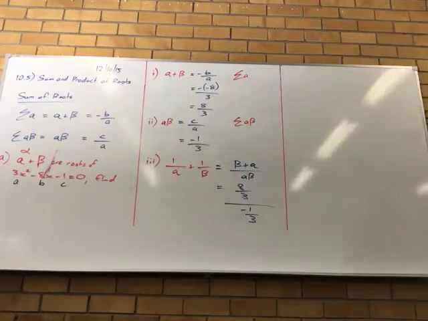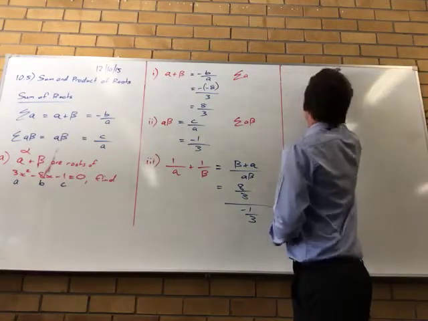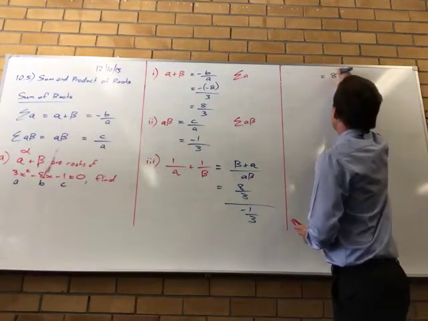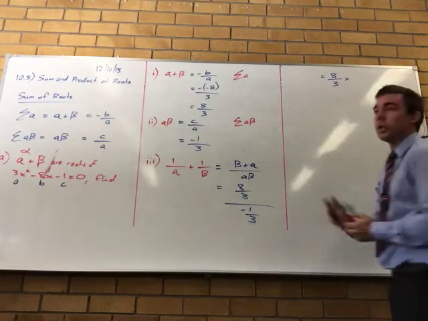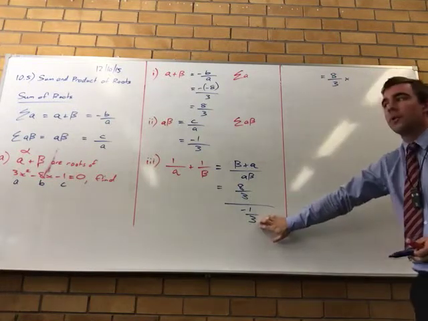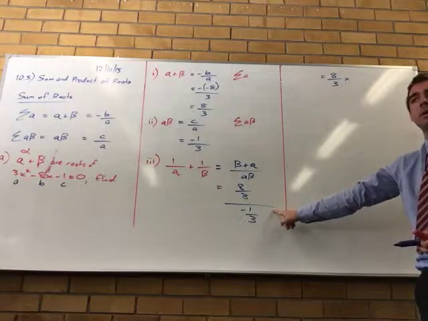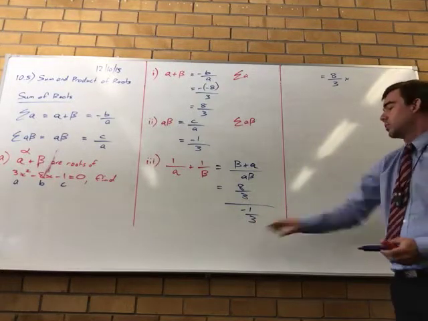What happens when I divide by a fraction? By the reciprocal. Alright, equals 8 over 3. When you're dividing by a fraction, that's your main fraction bar, then we're going to multiply by its reciprocal.